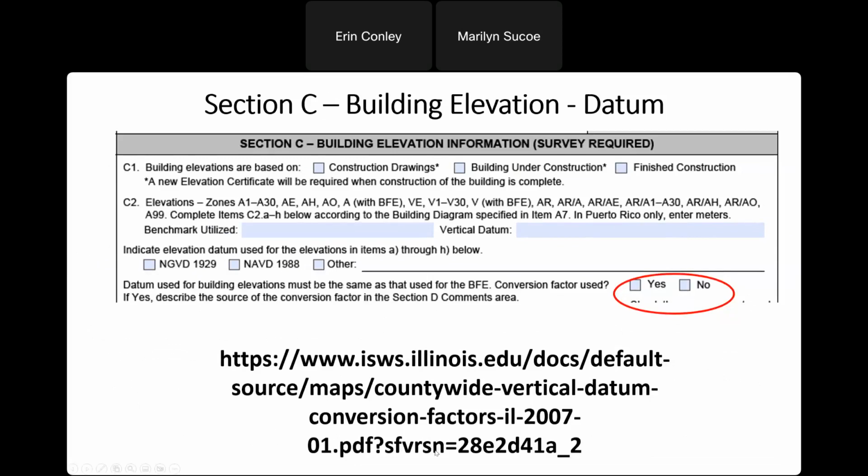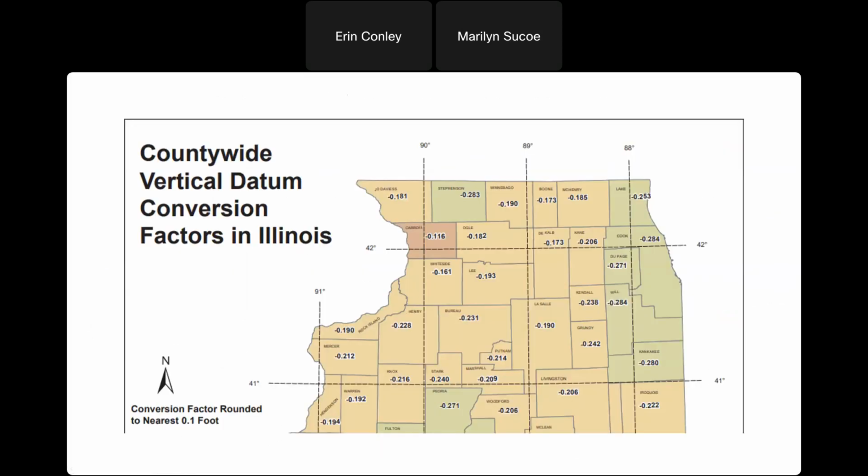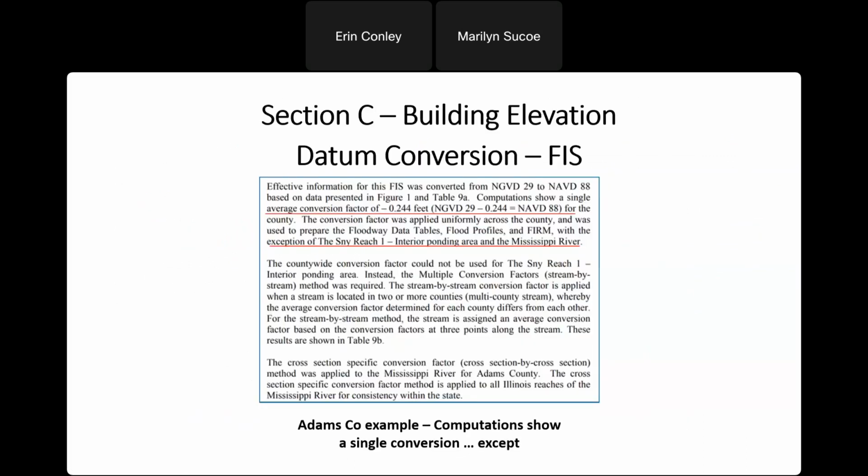And this is the link to the map that gives conversion factors for the counties, and here's what that map looks like, where they give a single elevation for the county. But also in the flood insurance study, you will have information about the conversion factors used for that flood insurance study.